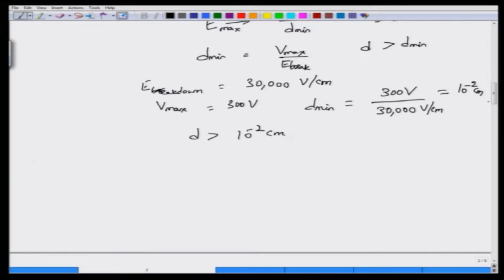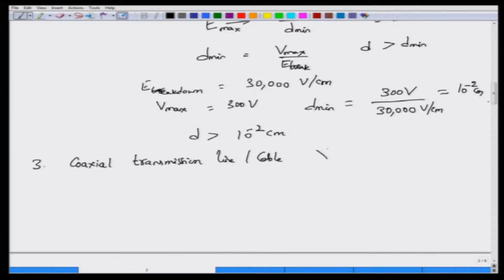Let us look at the third and one of the most widely used transmission lines or transmission cables, called the coaxial transmission line, or a coaxial cable.